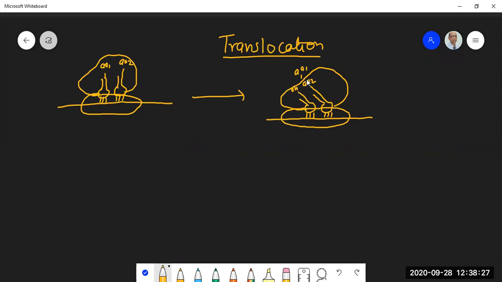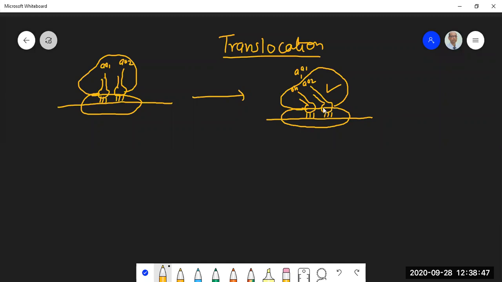Now this peptide bond has been formed. We have seen in detail how the peptide bond is formed, and this is now the peptidyl tRNA, and this is the deacylated tRNA. Their interaction with the large subunit changes while their interaction with the small subunit remains the same.